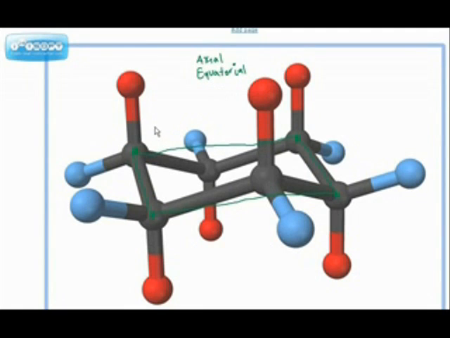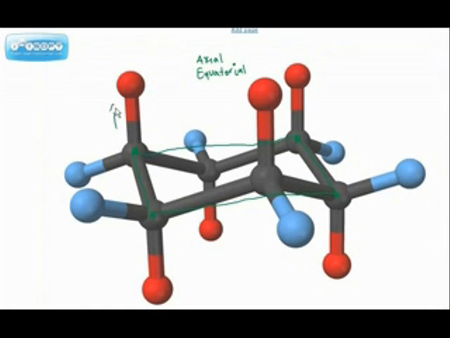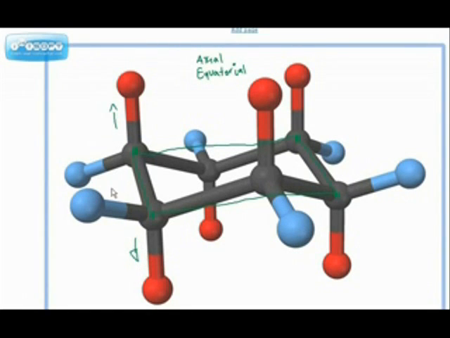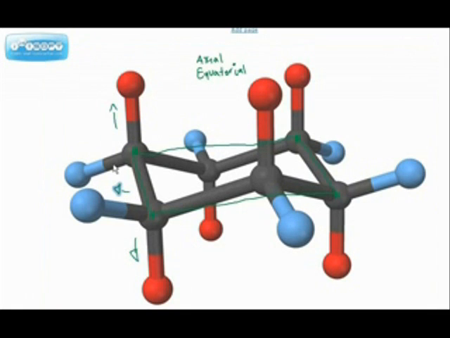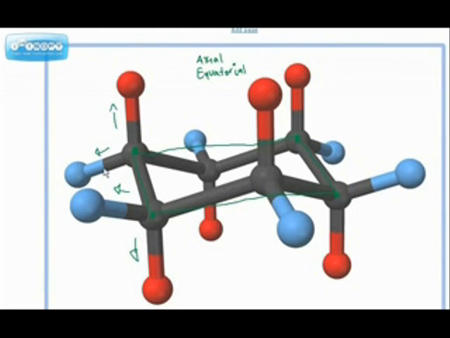Looking at this plane inside this molecule, we can identify hydrogens based on whether they're shooting straight up or straight down away from this plane, or we can identify them based on whether they are jutting upwards in a slant like these blue hydrogens are, or downwards in a slant like these other blue hydrogens are.